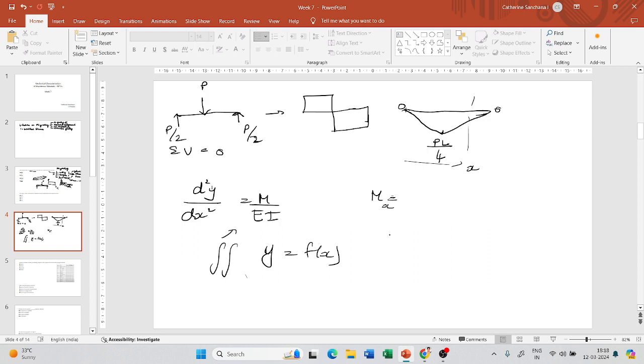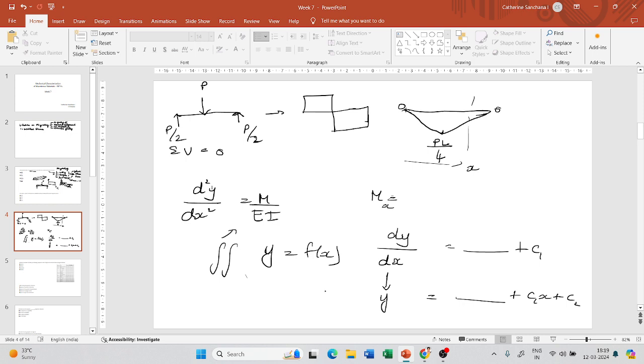If you integrate it once, you will get dy by dx, plus a constant, and if you integrate it one more time, you will get one more term plus one more constant, right? And to get these constants, you have to substitute the boundary conditions.